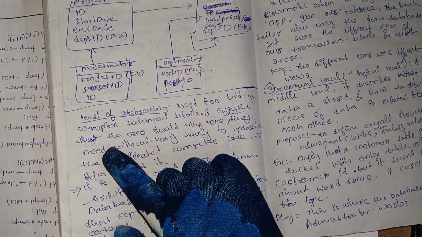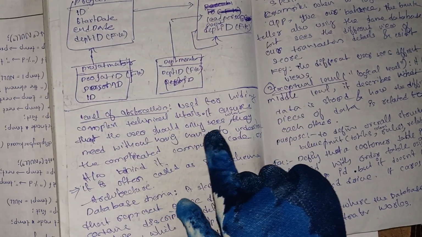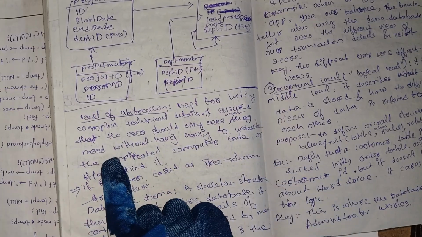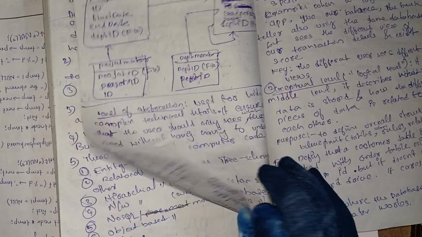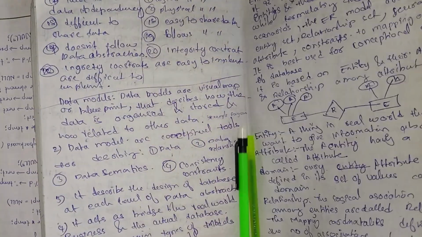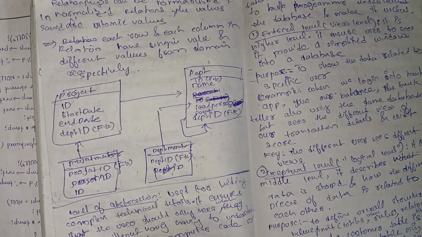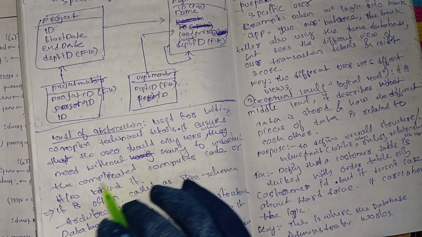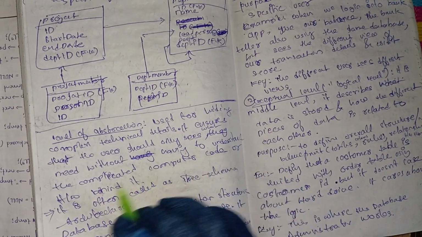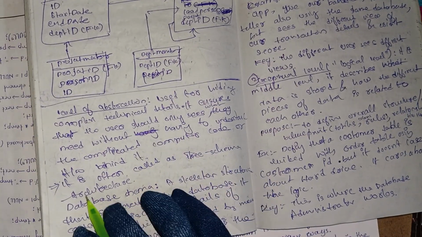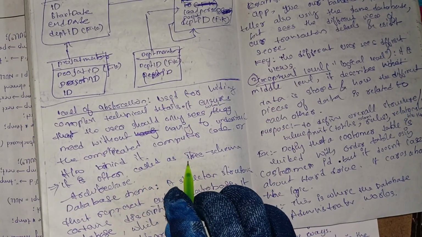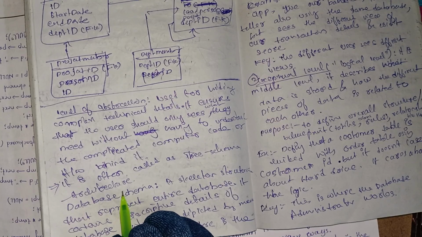It ensures that the user should only see what they need without having to understand the complicated computer code or hardware behind it. And it is often called the three schema architecture.